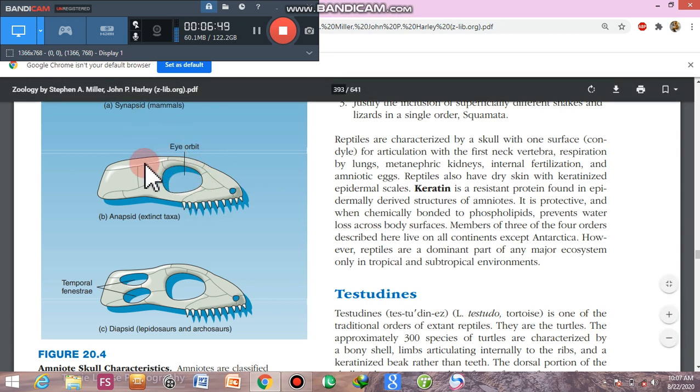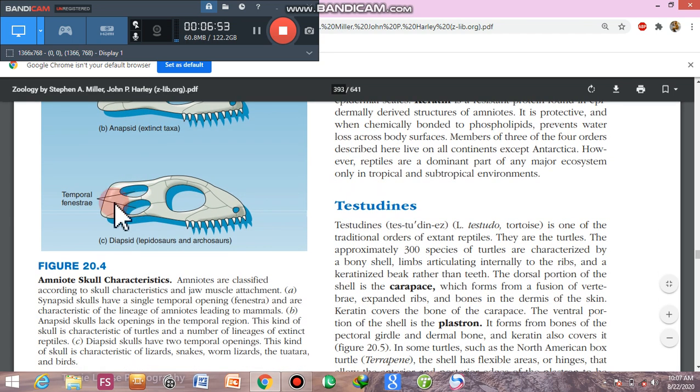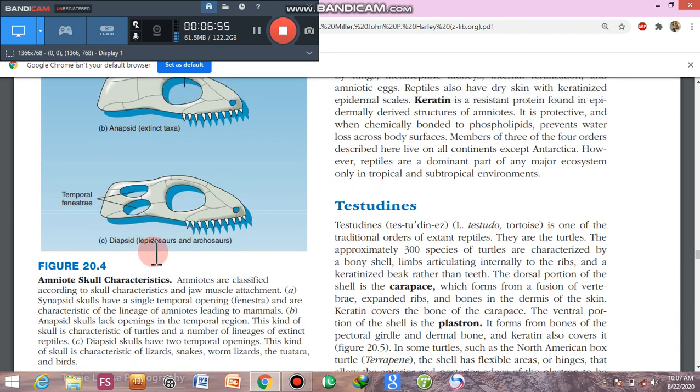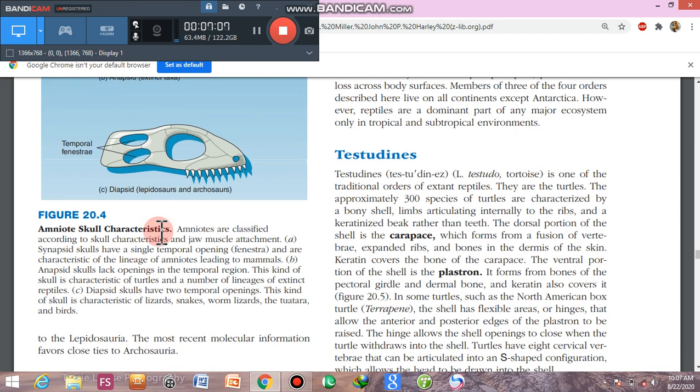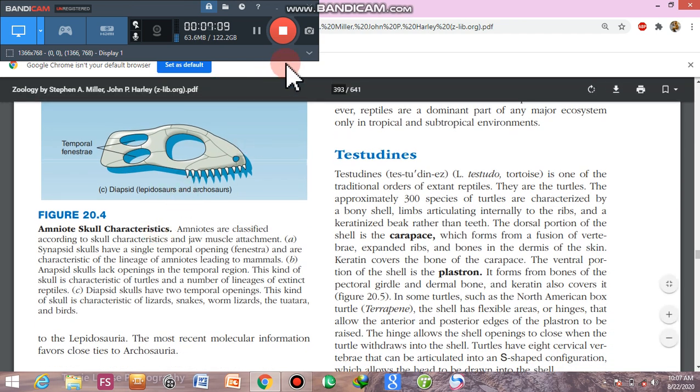This is the eye orbit, and there is no opening in the temporal region. The living member of this taxon is the turtle. This is the diapsid lineage, Lepidosauria and Archosauria. This is the eye orbit, and there are two fenestrae, or two openings, present in the temporal region of the skull. Okay, thank you. This is the completion of the topic.